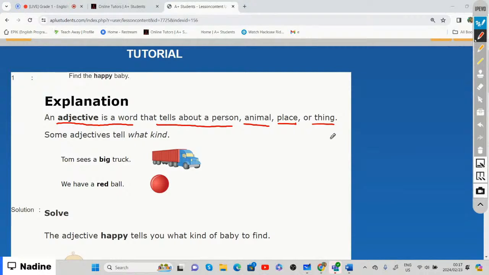And like we said, adjectives tell us what kind. For example, if we look at this truck, we say, Tom sees a big truck. If we describe this truck, we can describe it as big, or as a red and blue truck.